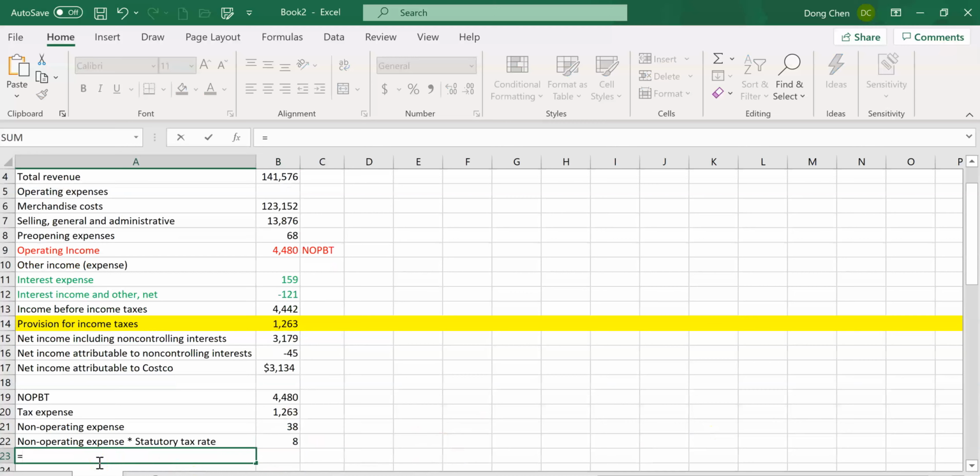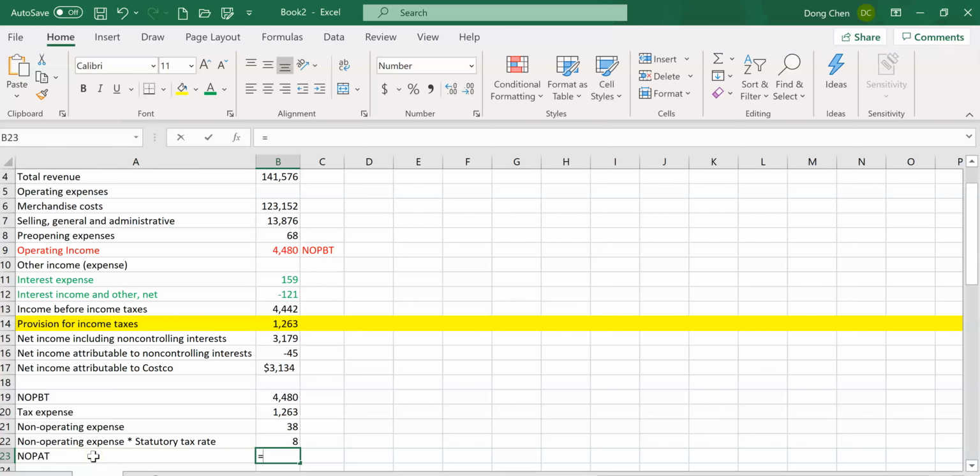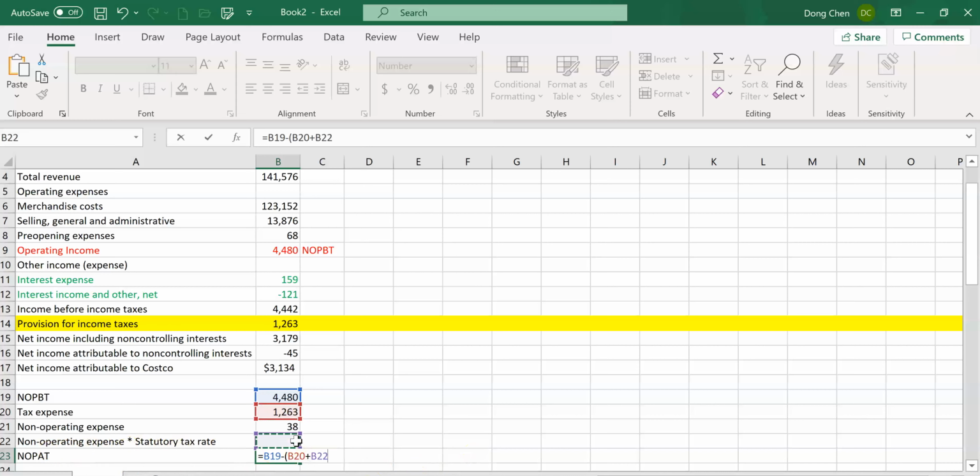Now we can calculate NOPAT, net operating profit after tax. This is NOPBT minus the tax on operating profit. And tax on operating profit is the tax expense plus the non-operating expense times the statutory tax rate.